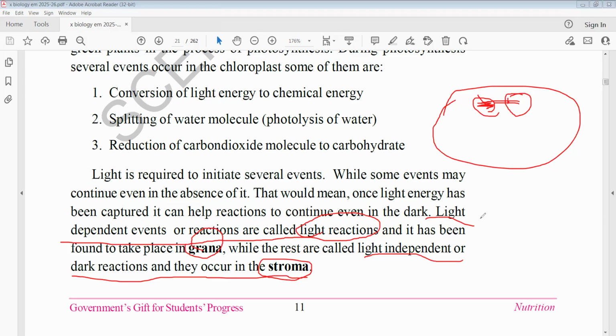The reactions in the light phase are called light reactions, which occur in the grana of the chloroplast, whereas the reactions in the absence of light are called dark reactions, which occur in the stroma. They are also called light dependent and light independent reactions, meaning the dark reactions don't depend on light.